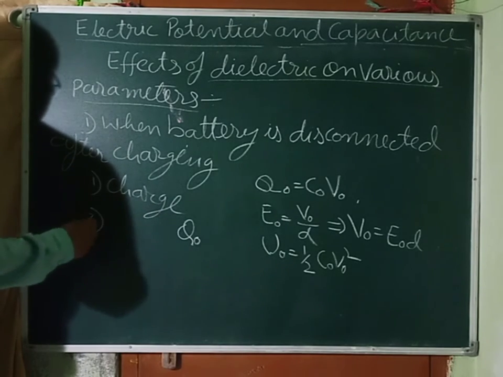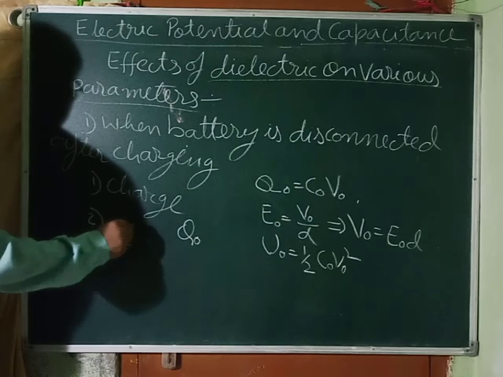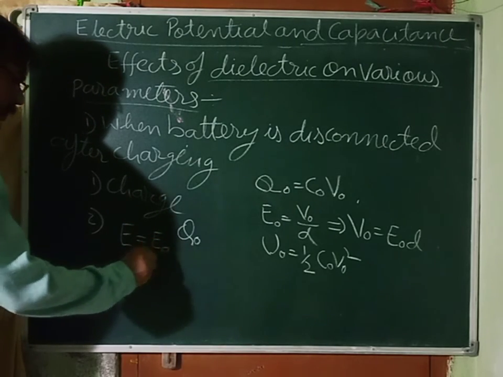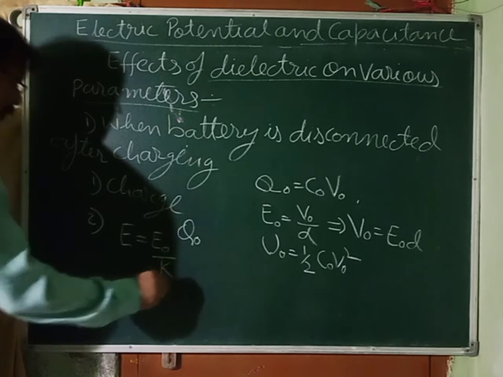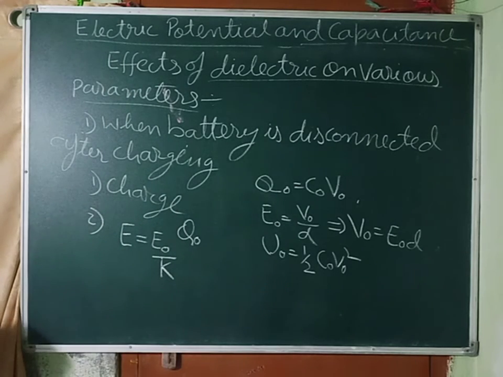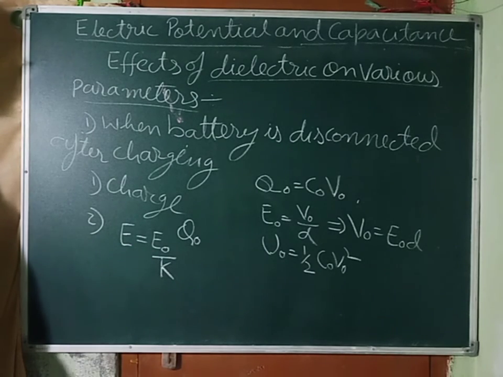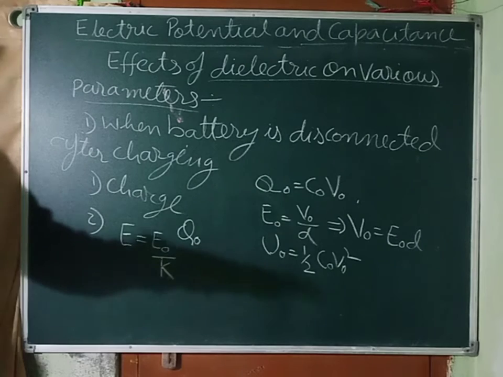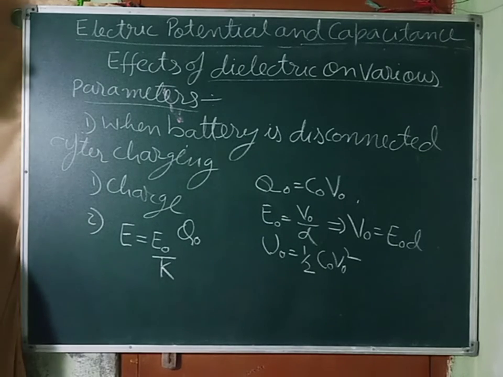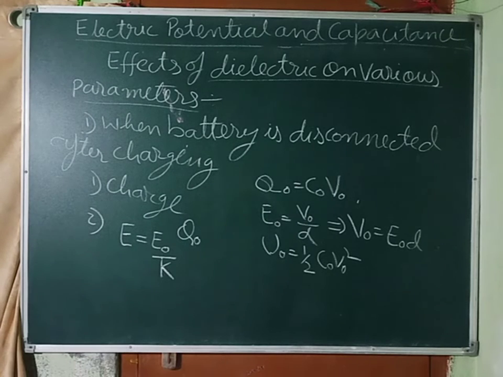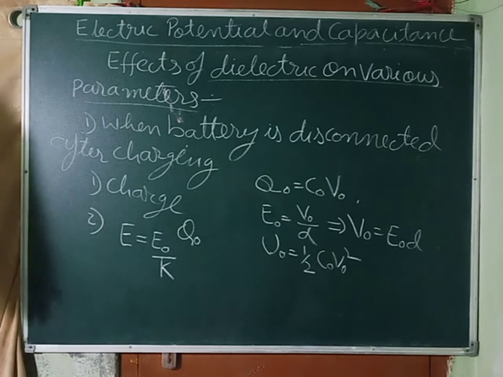We know very well, the net electric field inside it is E naught by K, where K is the dielectric constant of the dielectric slab. So the electric field will become E naught by K. That means the electric field will decrease, because K is always more than 1. Written? Electric field will decrease.